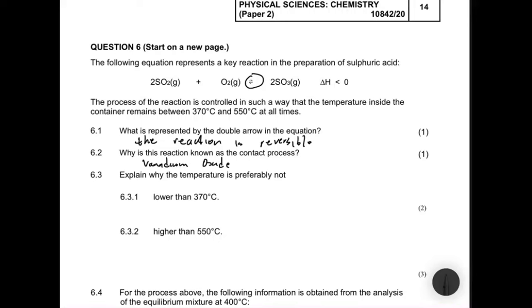We need the reaction to be greater than 370 degrees because if the temperature is too low, then the yield from the reaction will not be enough, right? Because you know that to increase the reaction rate, we need to increase the temperature, right? So that our yield can go up, right? So the temperature, if it's too low, the yield won't be enough.